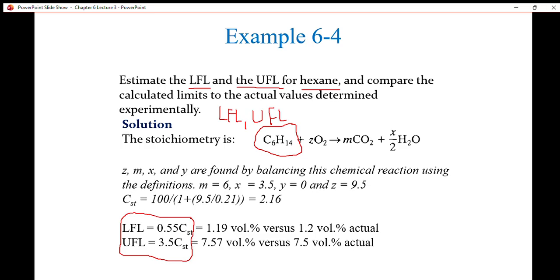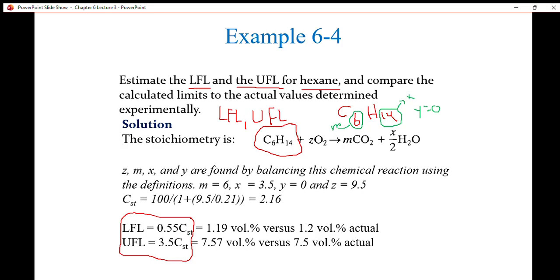Okay, so if you balance this equation, now I need to get, this is C6H14, and if you still remember, this one is M and this one is X, and Y will be equal to 0 in this case.